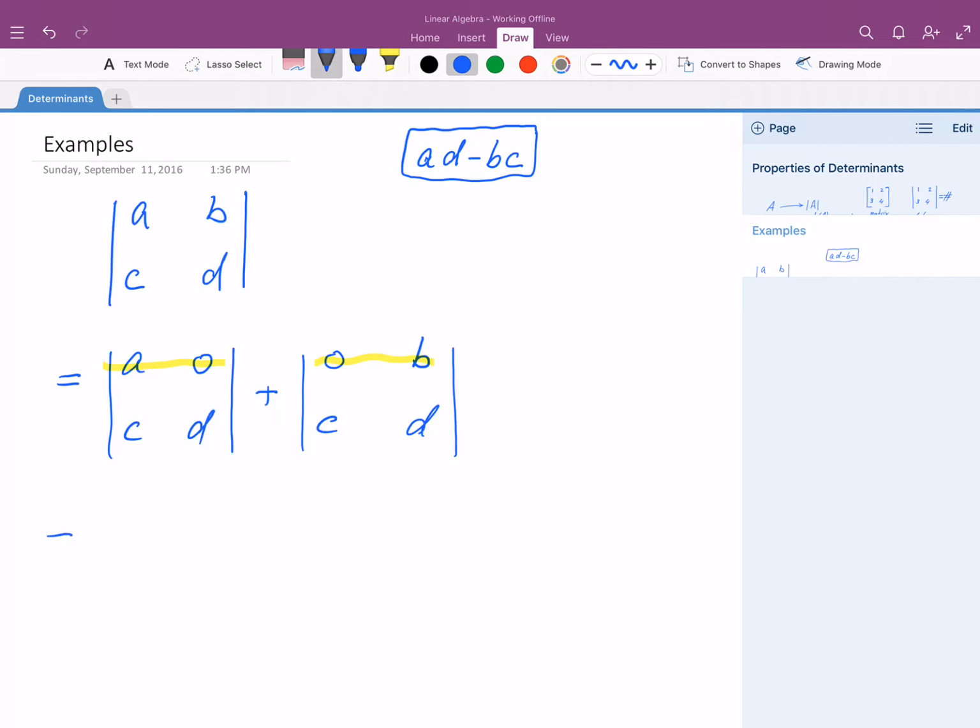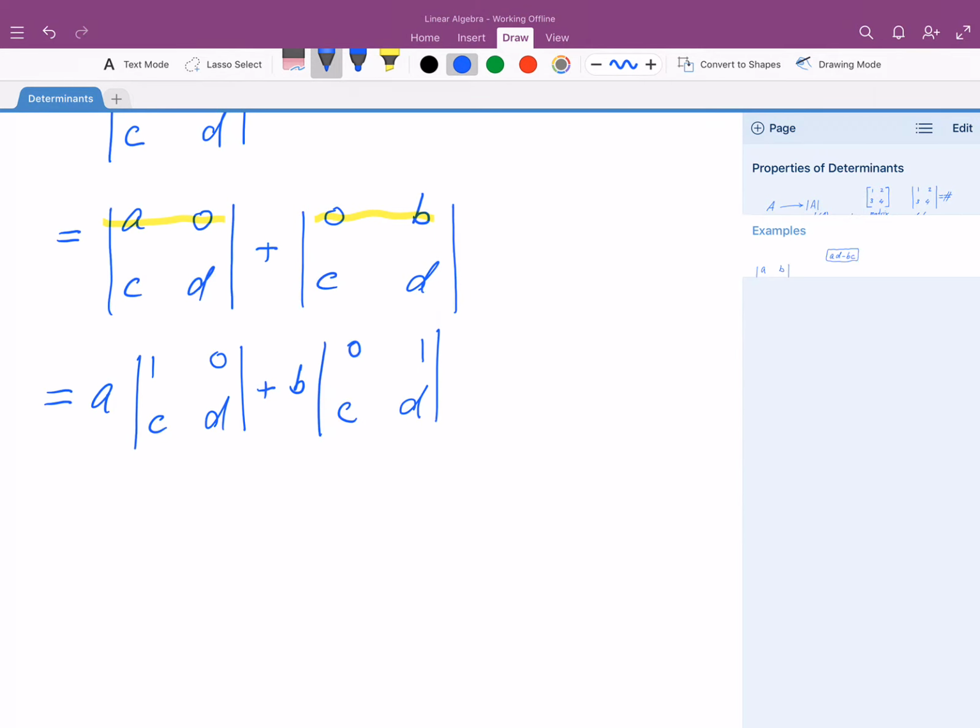So if I use linearity again, I'm going to put A times 1, 0, C, D plus B times 0, 1, C, D. Okay, here we are. So this is using linearity, the addition version in the first step, and the multiplication by a scalar of one row in line 2.